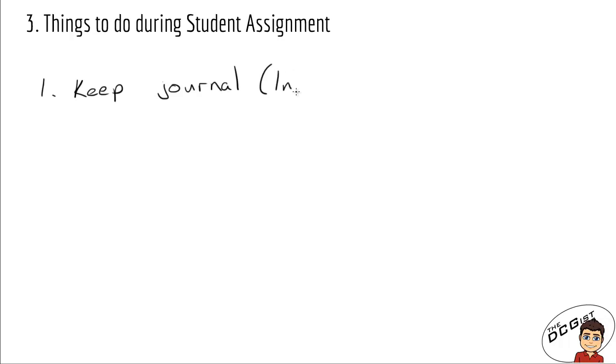So if you are at home eating dinner or watching TV and you suddenly realize, oh, I have an idea of what my computer mouse might be about, you can put that into your journal. You can then forget about it, and when you're in DCG later on that week or the next day, you can talk to your teacher about it, and you can expand on it further. If you keep all your ideas in the same place, it'll be much easier for you to actually design your own mouse.